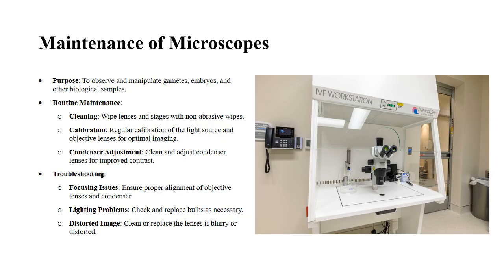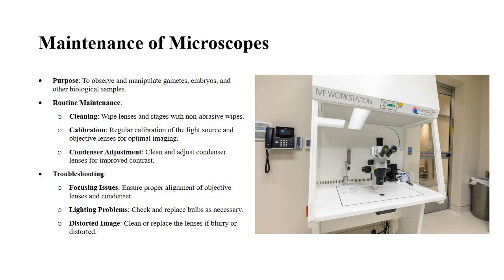Avoid using rough materials that can scratch the lens. Calibration: ensure proper focus and alignment of the light source and objective lenses. Check for clarity, contrast, and sharpness. Condenser adjustment: clean the condenser lens and adjust its position to ensure optimal lighting and clarity for embryo observation.